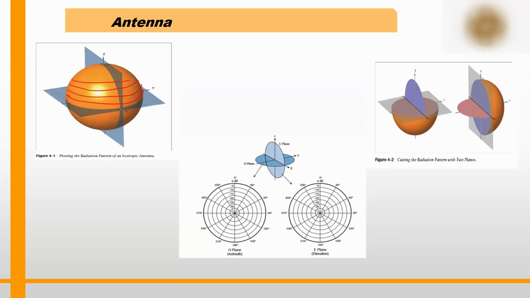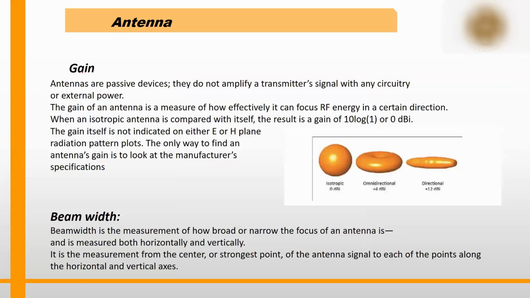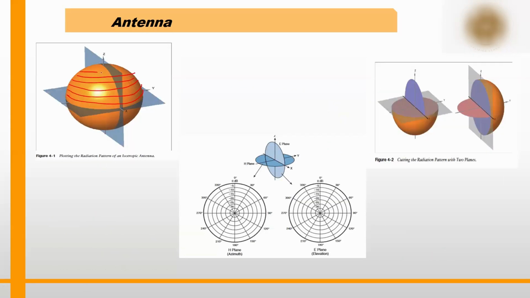Again, there is a ring here, a ring here, and there is a ring here. And there's a ring here. So now at the top, it is going like this, and here it is like this.